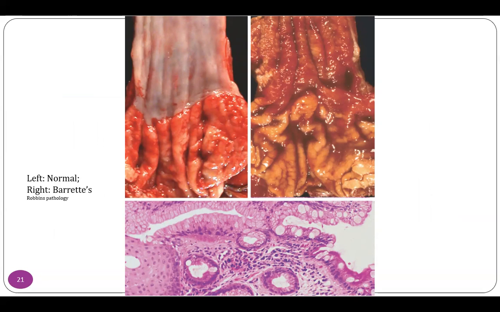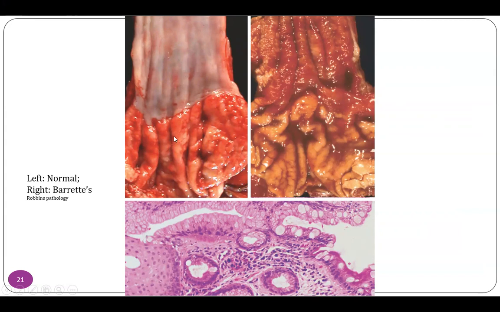You see, this is the normal junction between the stomach and the esophagus. The normal esophagus is here, and we see here the tongues of abnormal dark red brown mucosa instead of the white gray mucosa. We take biopsies from here. This is the stomach, and this is the esophagus.